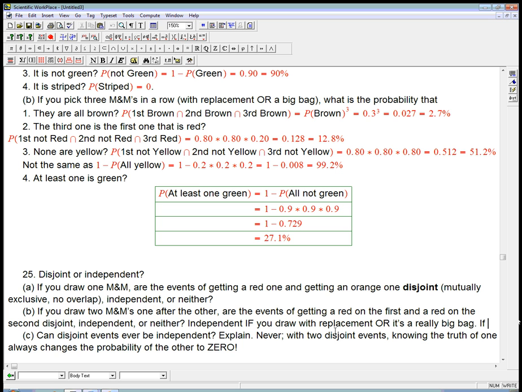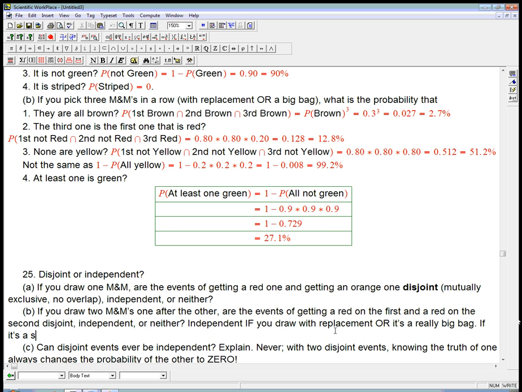Okay, if it's a small bag, this is important. If it's a small bag and you draw without replacement, without putting it back, then it's neither. Definitely still not disjoint, unless there's only one red, but they're not independent.